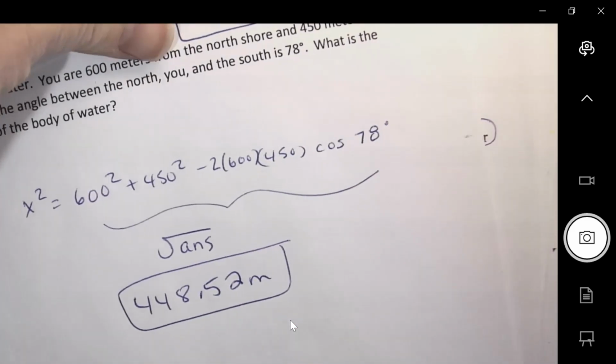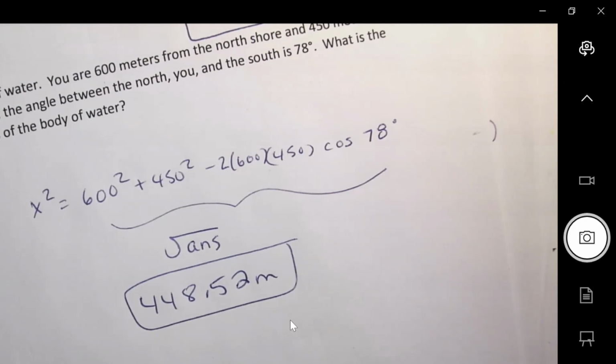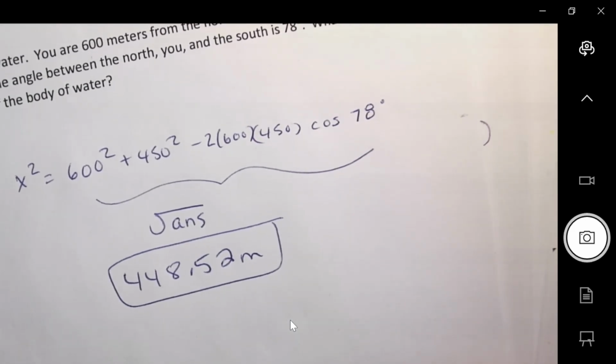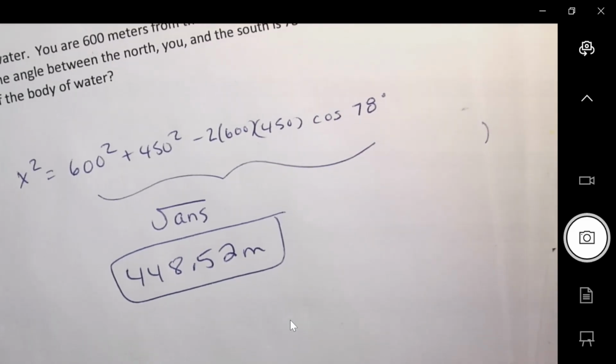So in word problems, you should throw on your units if it's meters or feet or whatever, kilometers. Did you guys get something different than me? Yeah. Oh, okay, I'm going to retype. I wonder if I accidentally did a 400 instead of a 450. Retyping.